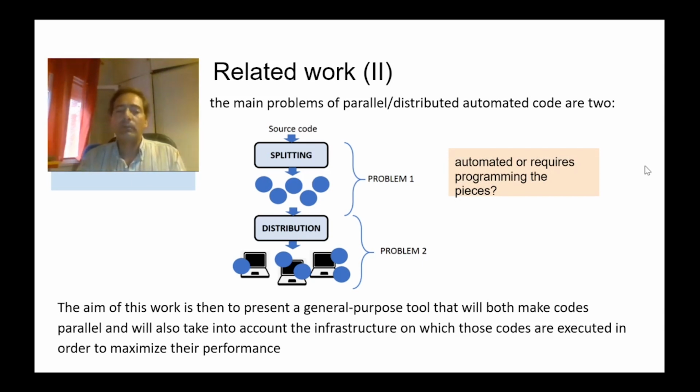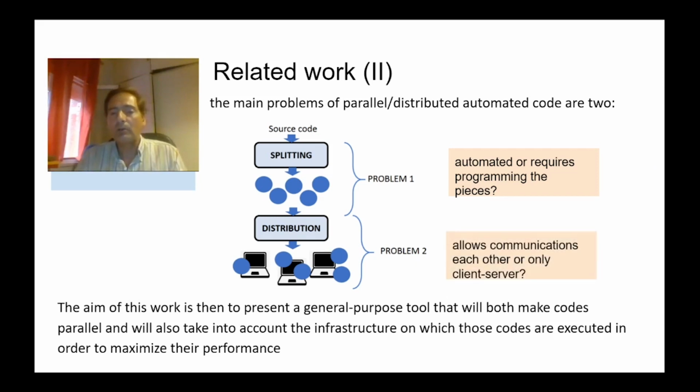For the second problem, the distribution, some tools allow only client-server communication, which limits the way in which your programs are executed. So you need to design your program for this client-server paradigm. A very well-known example of this type of tool is Boeing, for example.